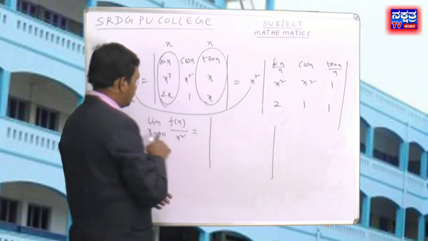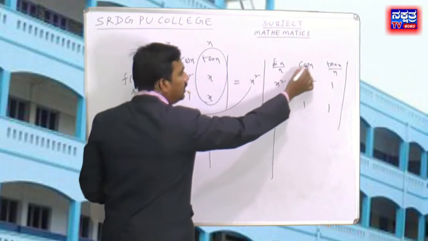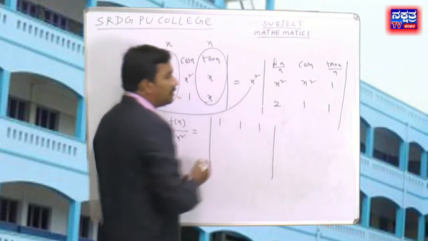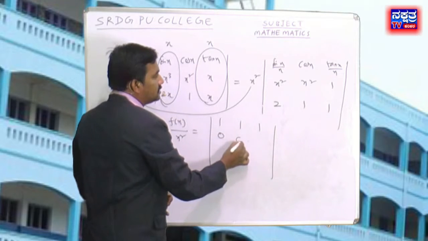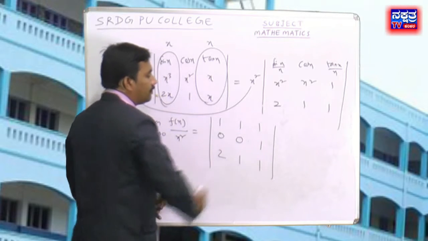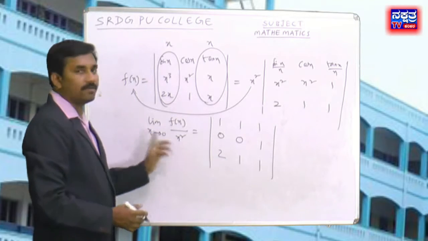Sin x by x, limit x tends to 0 is 1. Cos 0 directly 1. Tan x by x is 1. And if you apply 0 here, 0, 0, 1, 2, 1, 1. So this is the determinant we are getting, limit x tends to 0 f of x by x square.